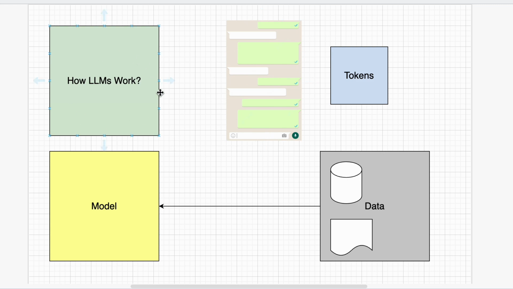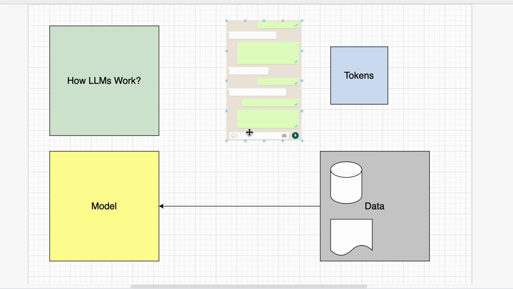Large language models are trained using a lot of data from different sources. You may have heard that ChatGPT has been trained on a huge set of data over the years. And when you do that, it starts to give you a feeling that it has some common sense. So it understands a lot of things.